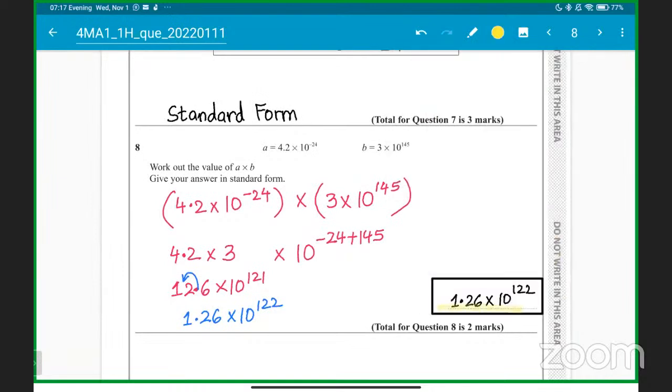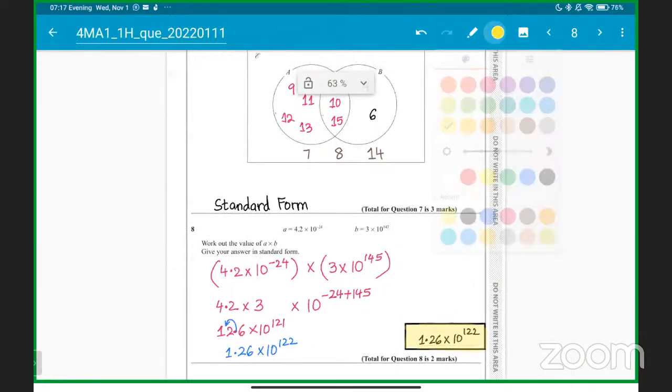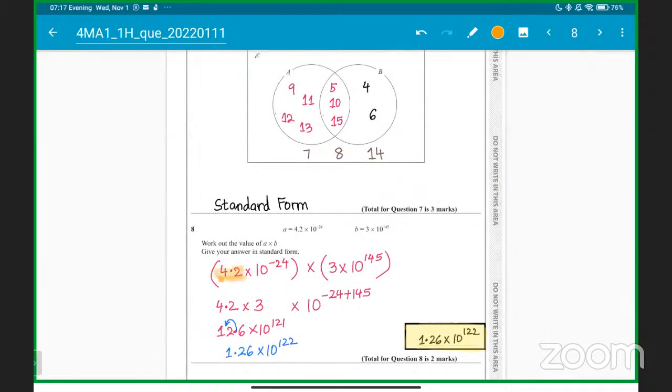Take your time, understand this. Just multiply the numbers there. 4.2 will be multiplied with 3. The bases are the same, 10 power, 10 power, and it's a multiplication sign, so the powers will be added.